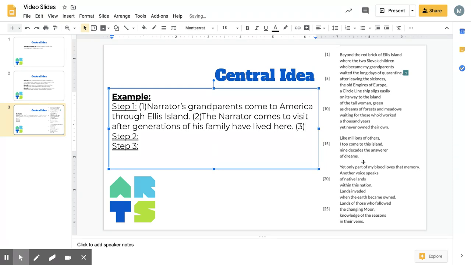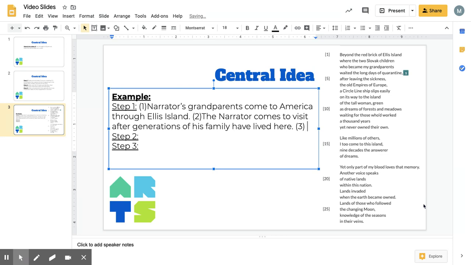And then the third one is talking about the fact that, let's see how we want to phrase it. So really what this third stanza is talking about is the fact that though it was really great for many people to come to this country through Ellis Island, it also meant the end of a type of life that existed before here with the Native Americans.